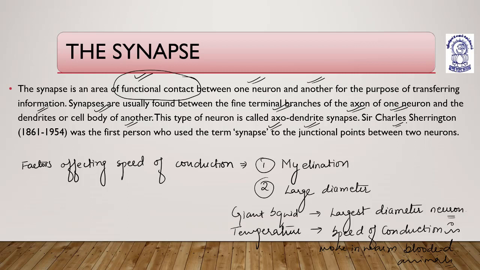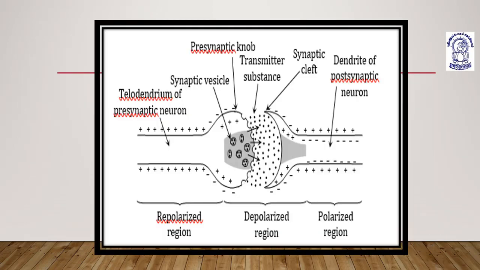Okay, Sir Charles Sherrington, 1861-1954, was the first person who used the term synapse for the junctional points between two neurons. So it is a junction between two neurons. Now, when we talk about the types of synapses: axodendritic, as we studied in the previous slide, is the most common.